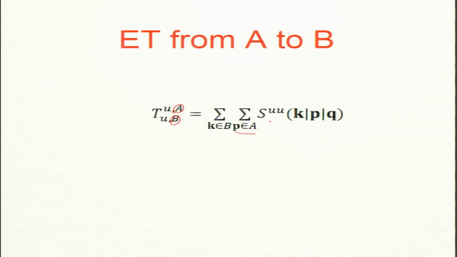So, we can define that P belongs to A, the giver, and the receiver belongs to B. This will be region A to region B, it could be a ring or any region you like, and this can give you energy transfer from one region to another. This is a very useful formalism to compute various types of energy transfers.